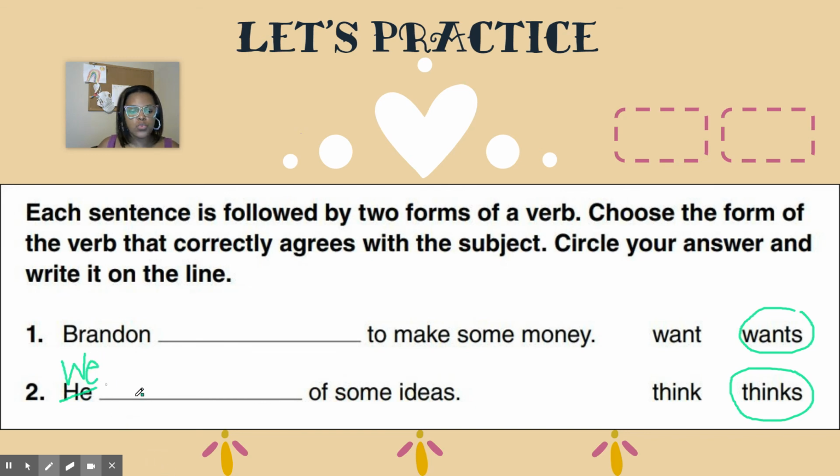What if this was we blank of some ideas? What does our rule say? When plural, do not add an s. So it would be we think of some ideas if that was plural, more than one. So that's a quick little lesson on singular subject-verb agreements.